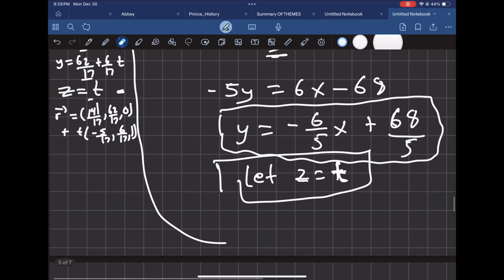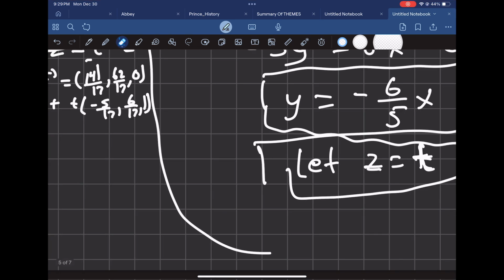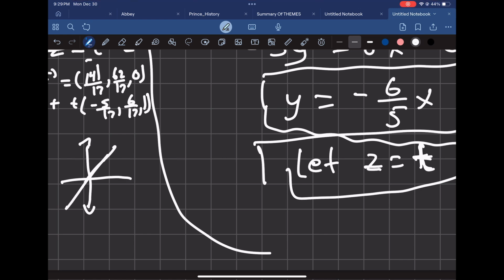And if you were to try and imagine this on a 3D graph, for example, this would be x, y, and z. This isn't to scale, but you can imagine one plane going like that, and another crossing in like that.